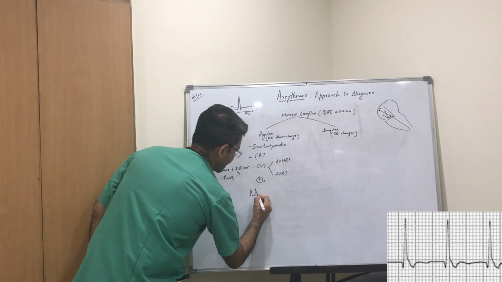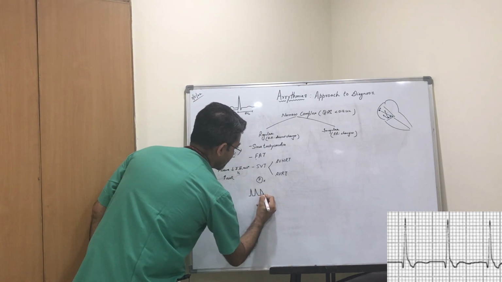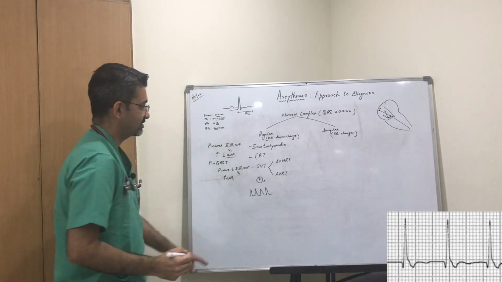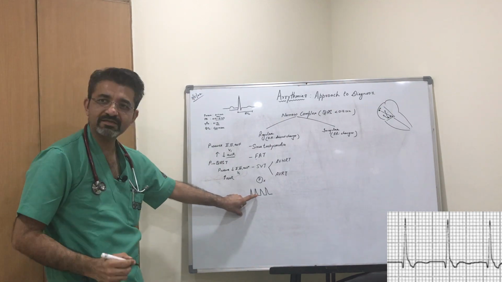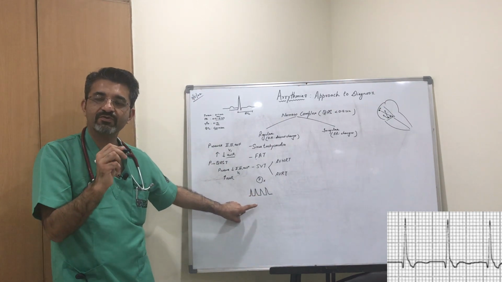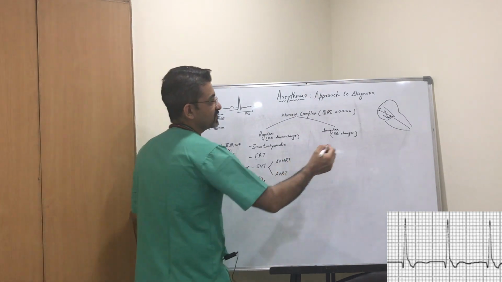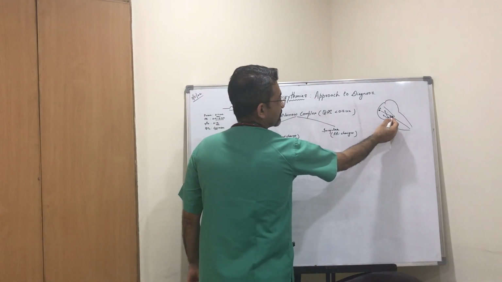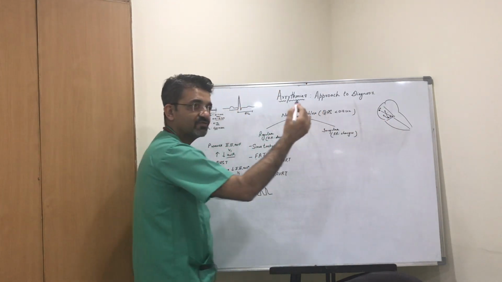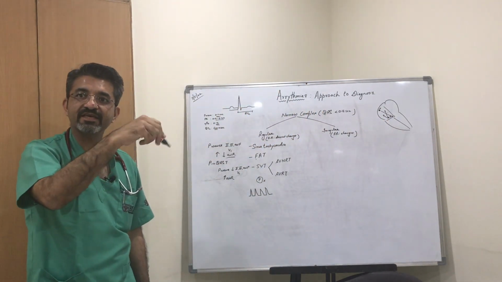There can be a slight slur in the downstroke of QRS. Something like this, slight slurring of QRS after it. Because the mechanism of SVT is a reentrant circuit in the AV node.